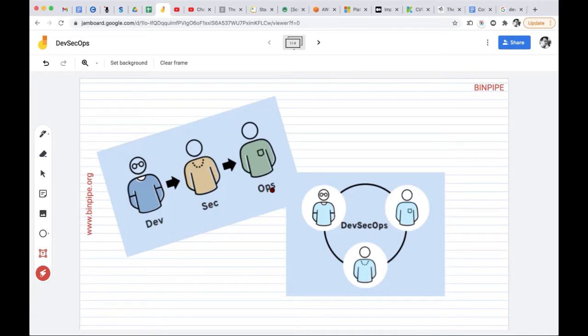Now, in this way, when all of them are working in silos, it is difficult to pinpoint issues, resolve them fast, and maintain a very reliable piece of software.